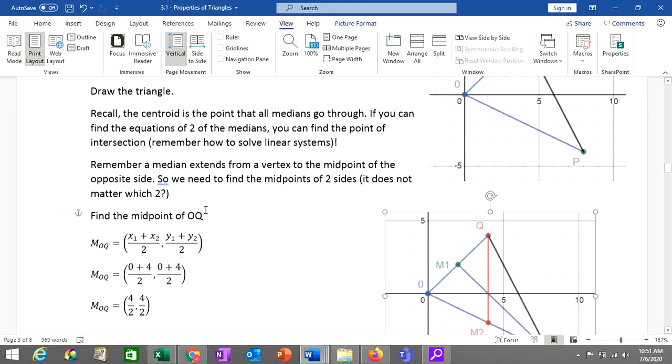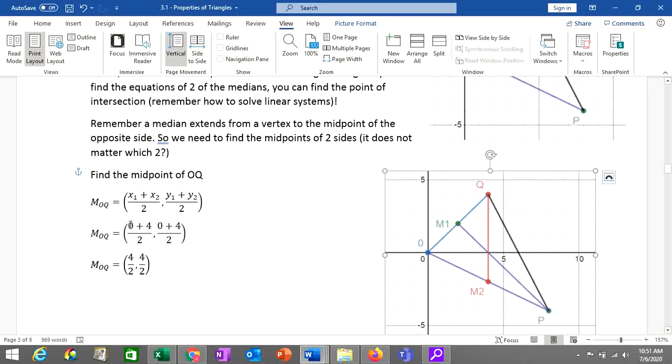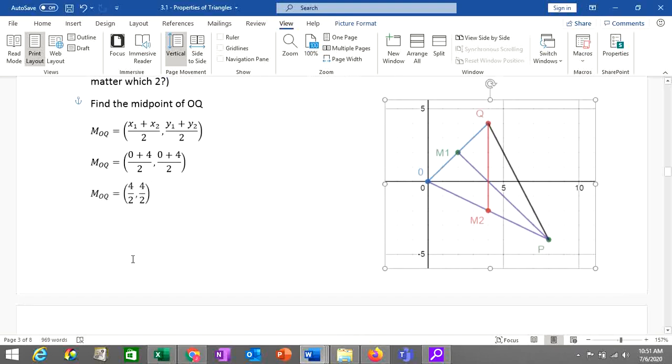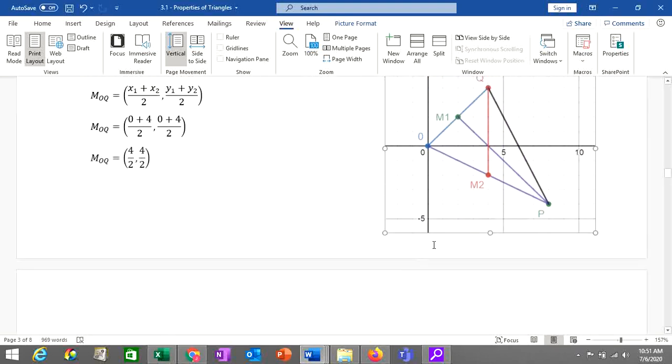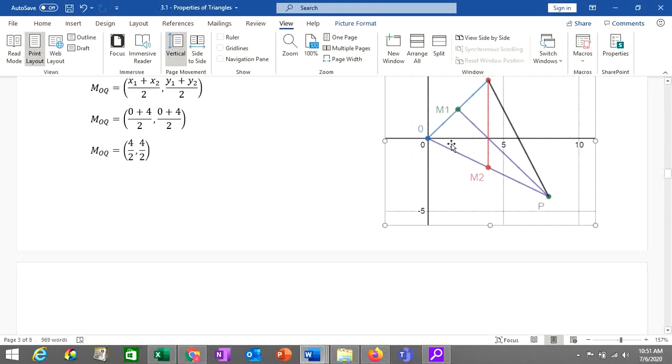Q is 4, 4. So x1 would be 0, y1 is 0, x2 is 4, y2 is 4, right? Okay, so then we get our midpoint is 2, 2, and if you look at the graph, yeah, that looks about right. That's at 2, 2.